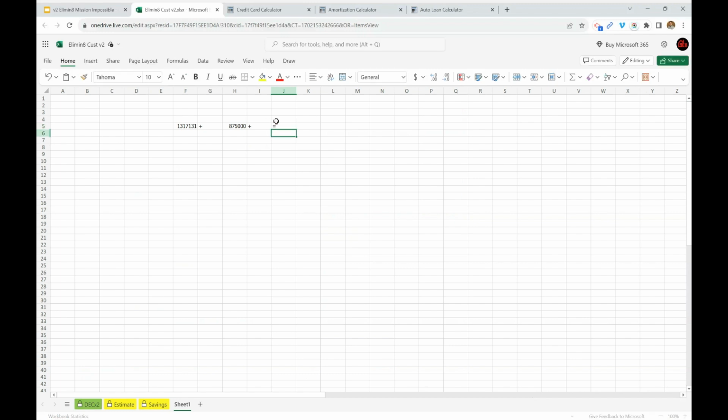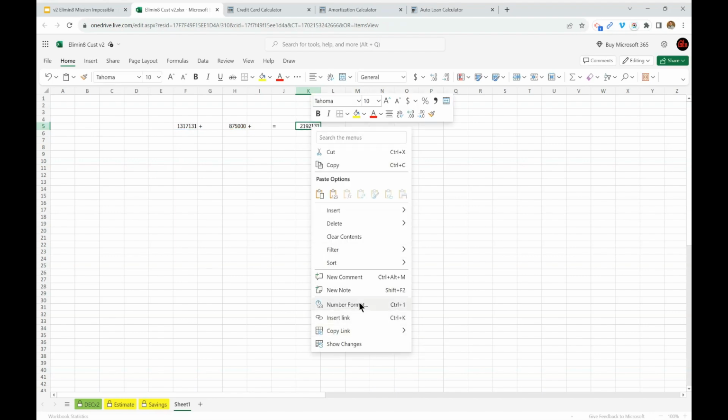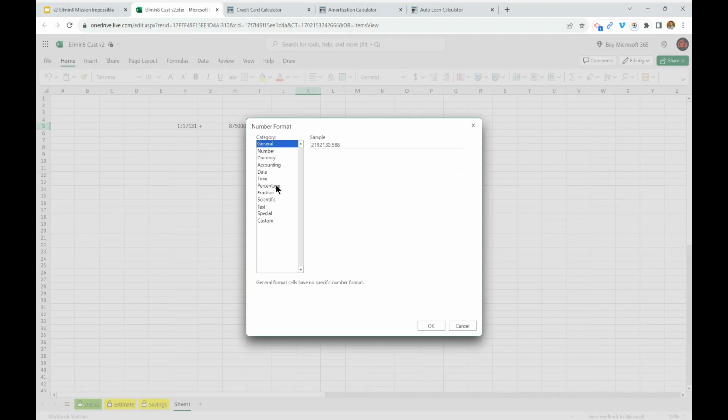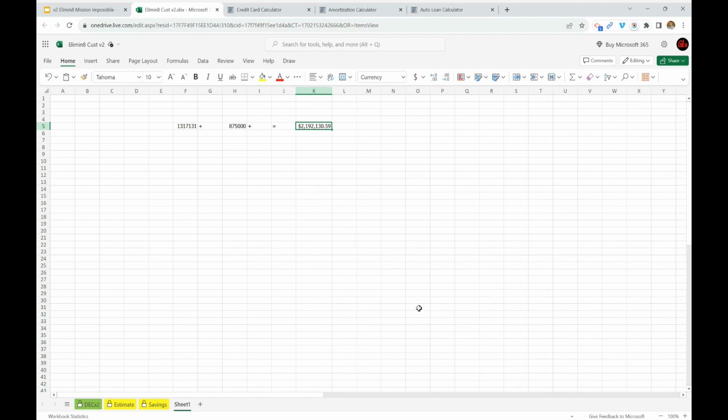And let's just do the math, okay? So now we're gonna have future savings plus whatever your loan amount is, right? So at the end of the day, you have earned $2.2 million, right?